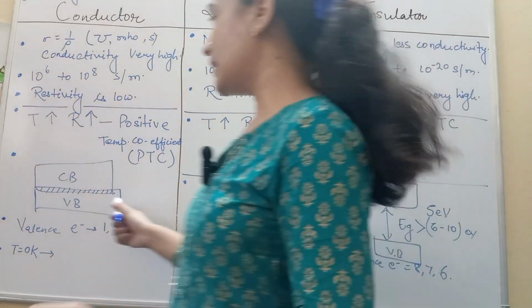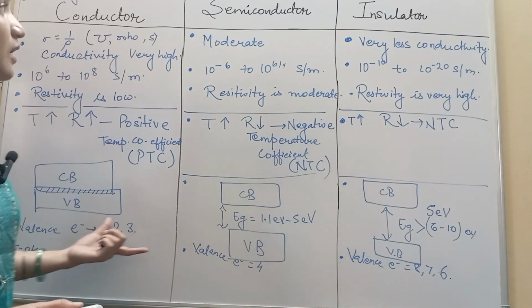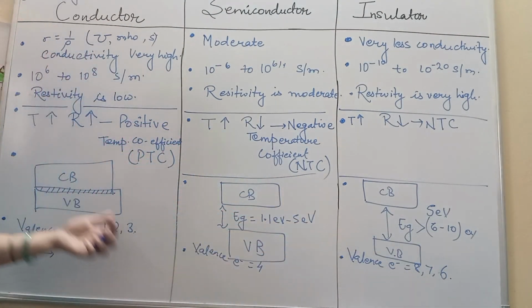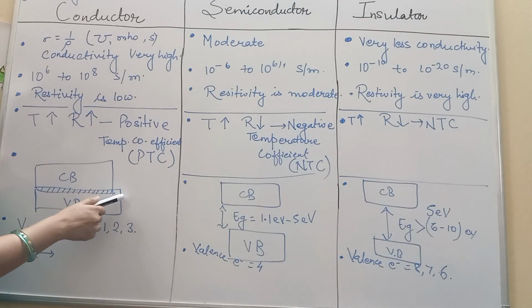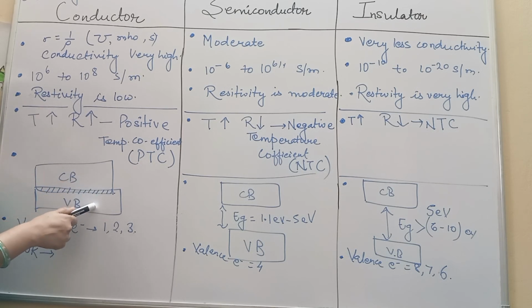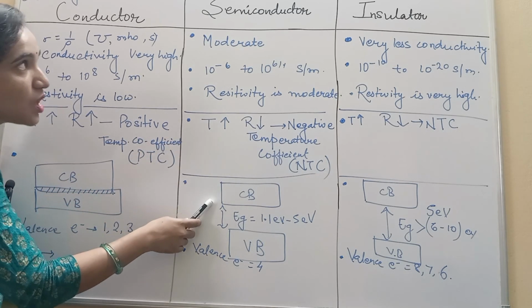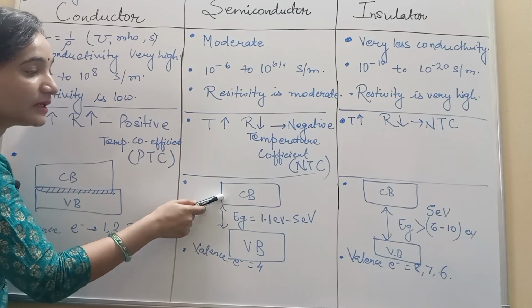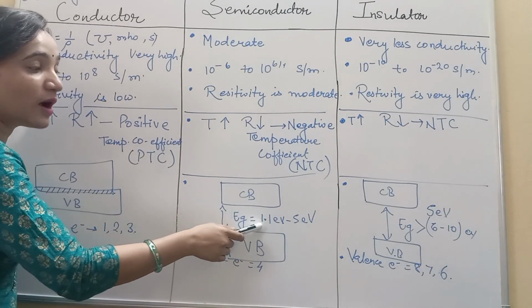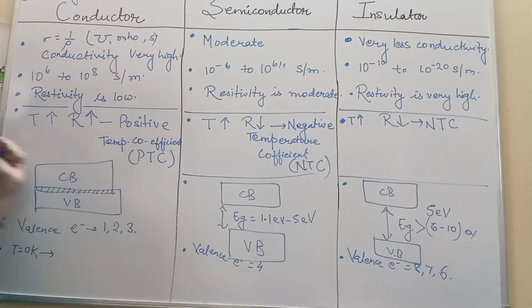Now let us understand the difference among the conductor, semiconductor and insulator through the energy band diagram. In the case of a conductor, the conduction band and the valence band overlap. In the case of a semiconductor, the conduction band and the valence band have an energy gap between 1.1 eV and 5 eV.